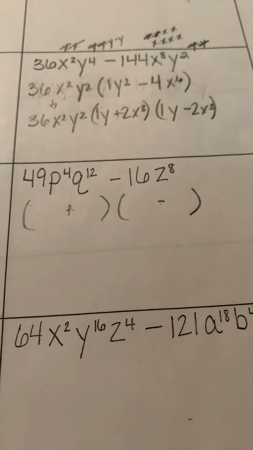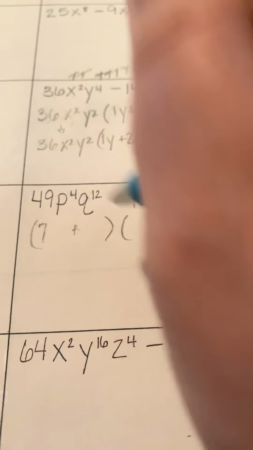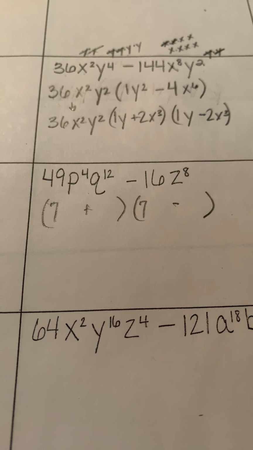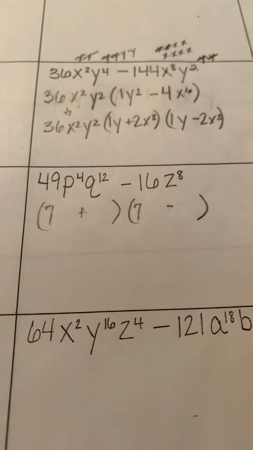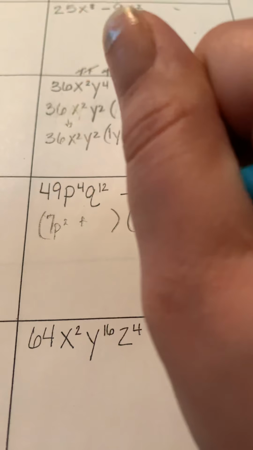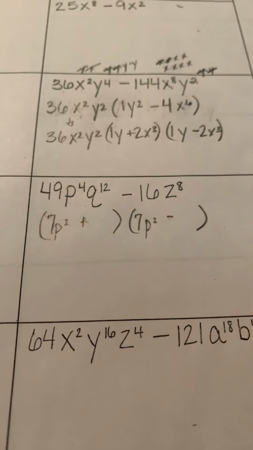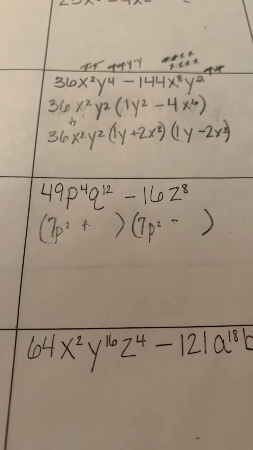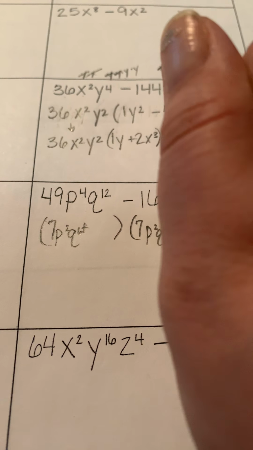Square root of 49, 7. Square root of p to the 4th would be p squared. Square root of q to the 12th. 12 divided by 2 is 6. So q to the 6th.